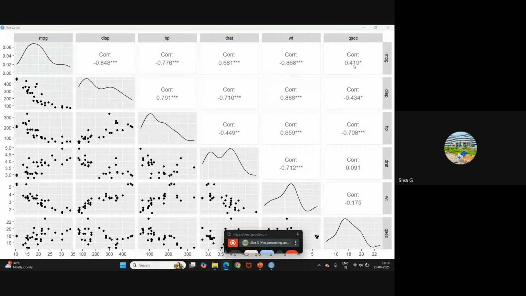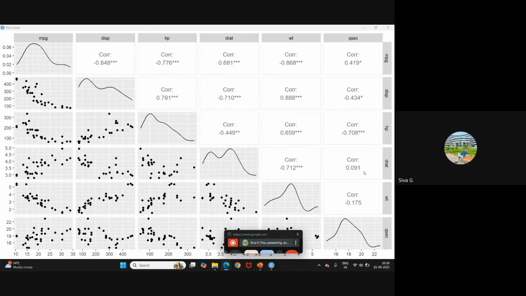This one has a single star. Even a 41% correlation between the two variables is showing significance. That is one example: sometimes we get a low correlation even though significance occurs, and sometimes a high correlation that is not significant. Here, a single star at the 5% level is also significant. Any weak correlation?